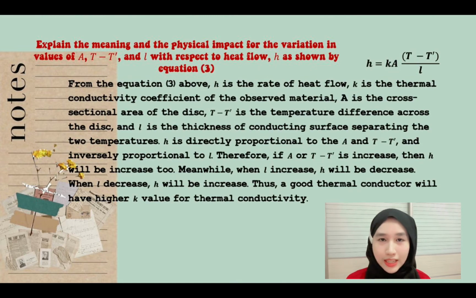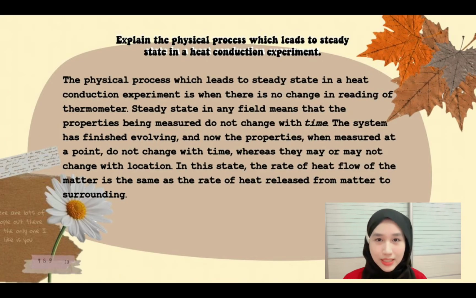Okay, the next question. Explain the physical process which leads to steady state in a heat conduction experiment. The physical process which leads to steady state in a heat conduction experiment is when there is no change in reading of thermometer. Steady state in any field means that the properties being measured do not change with time.